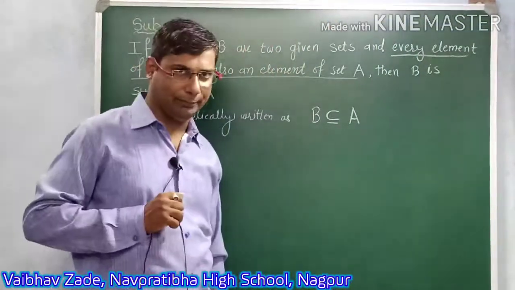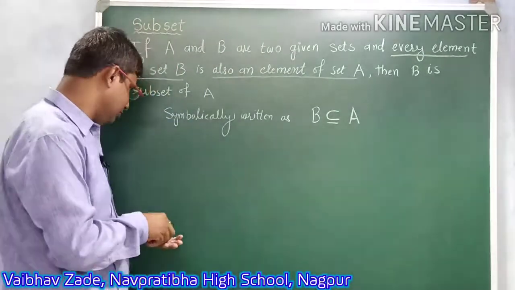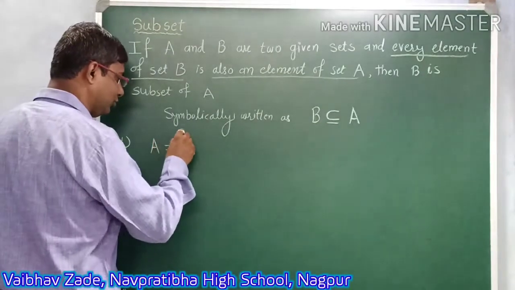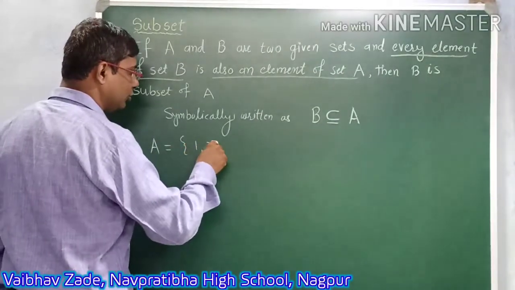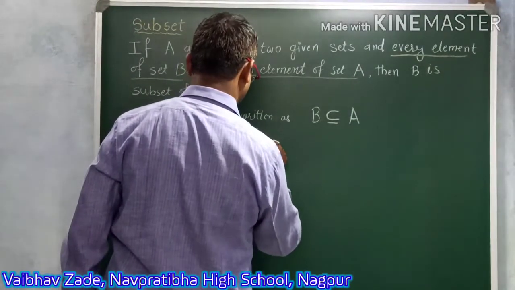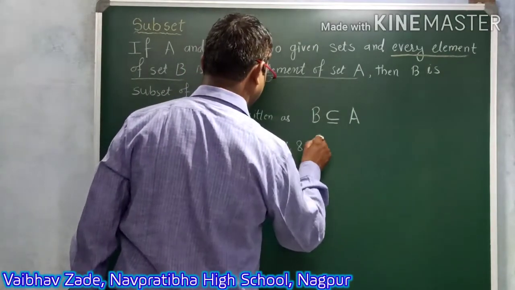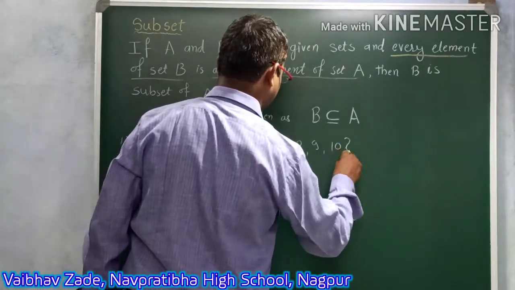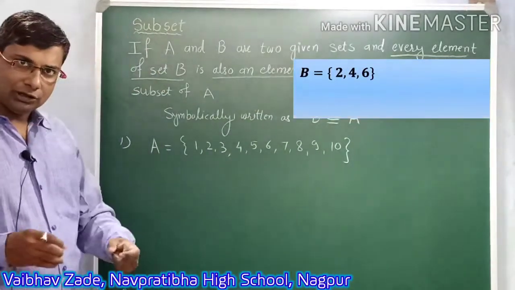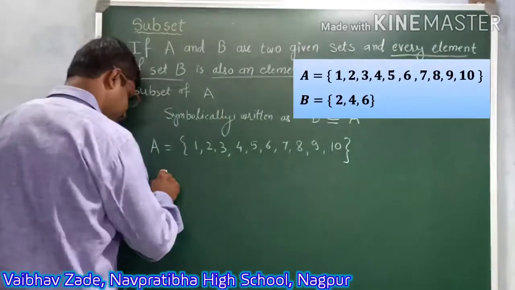So let us see an example. Let's say set A equals 1, 2, 3, 4, 5, 6, 7, 8, 9, 10. I write 10 elements of set A. Now I write another set.